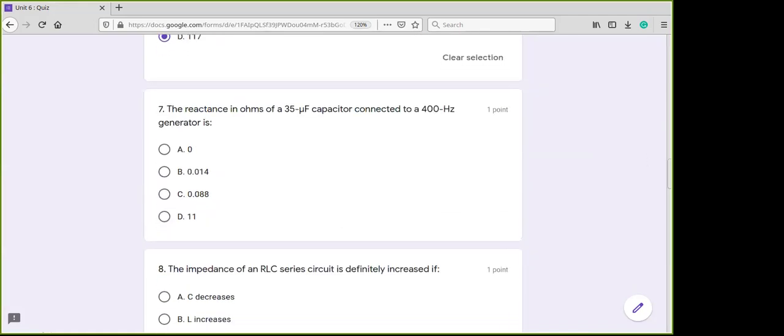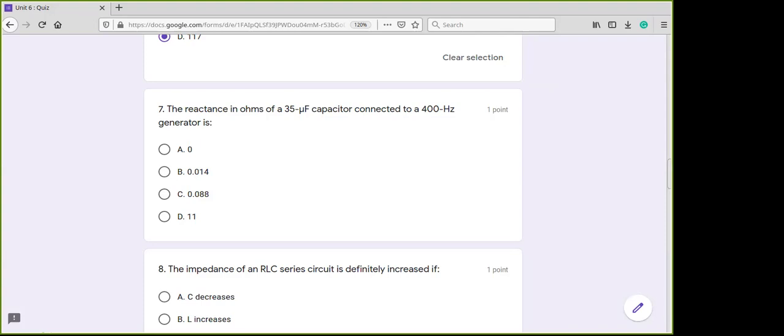And question number 7. A reactance in ohms of a 35 microfarad capacitor connected to a 400 hertz generator. What is the reactance for this capacitor circuit? 1 over omega C. Omega is 2 pi f.